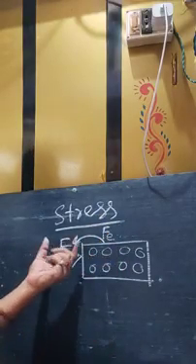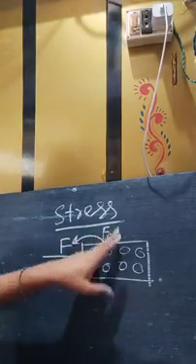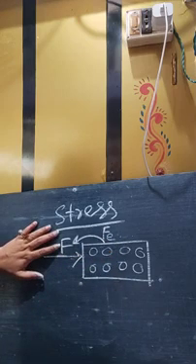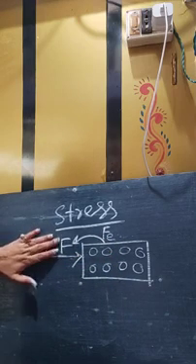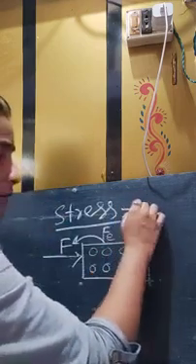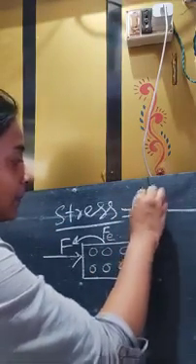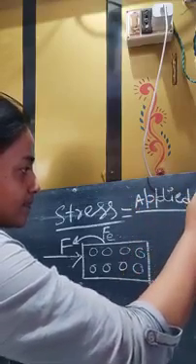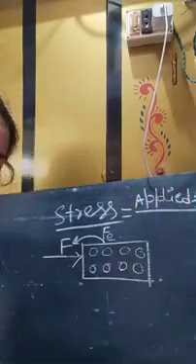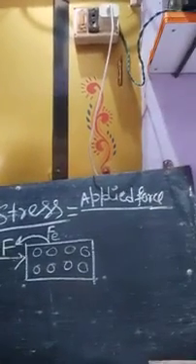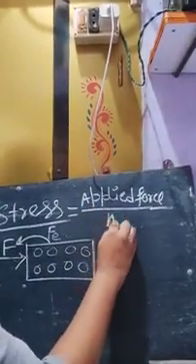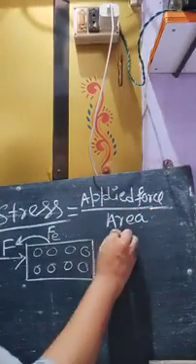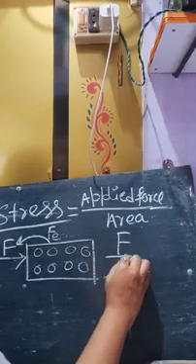So we cannot calculate this Fe, it's not possible for us, but this F we can calculate. Therefore stress can be defined as applied force per unit area. So this will basically be F by A.